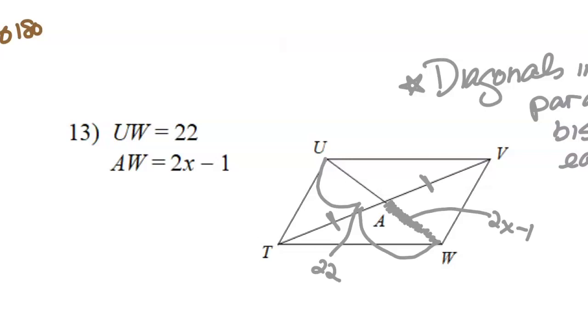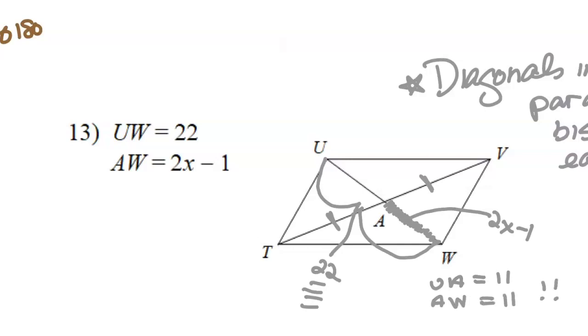Okay, so what do I know? Let's think about this. I know that the diagonals get bisected. If the entire diagonal is 22, then each piece, UA is 11 and AW is 11.